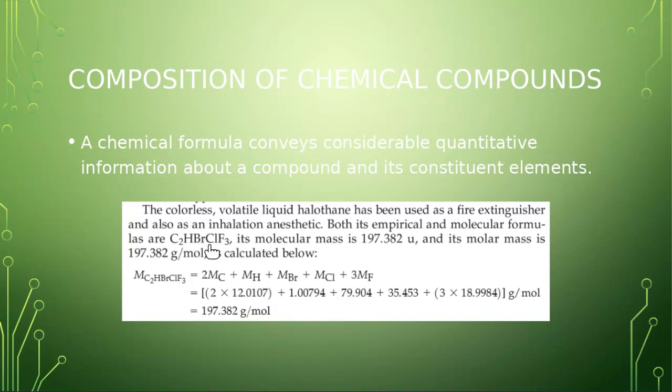Then hydrogen, bromine, and chlorine are each only 1 mole, so 1 is multiplied with each of their atomic masses. And then fluorine is 3 moles, so you multiply the fluorine atomic mass by 3, and you can find the molecular mass of halothane.